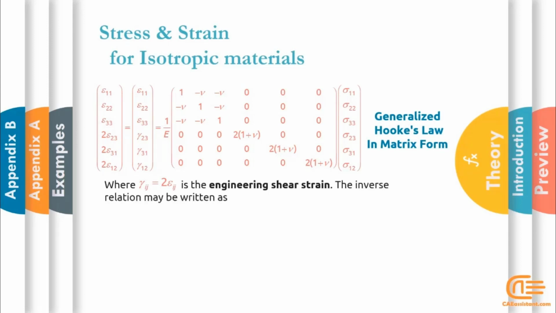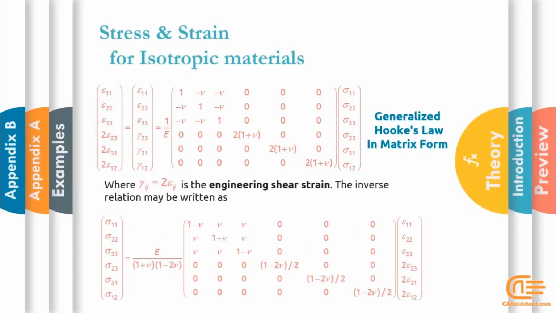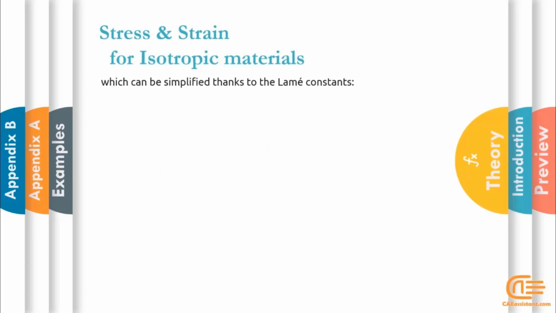Well, to calculate the stress, we have to get the inverse of this relation. The inverse relation may be written as this, which can be simplified thanks to the Lamé constants like this.